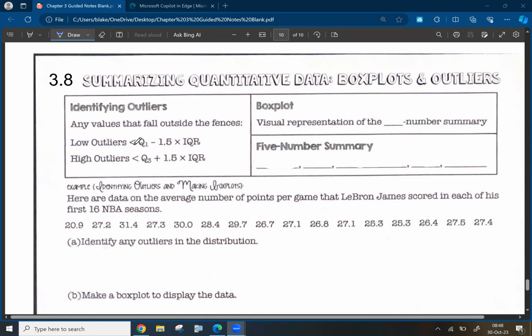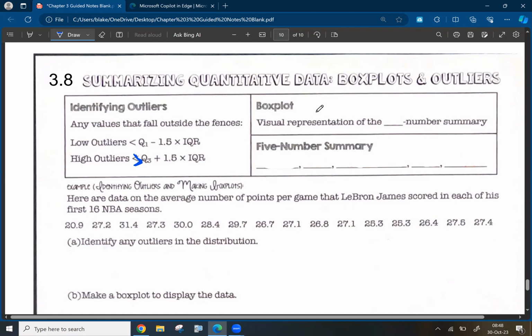Lower outliers are anything less than Q1 minus 1.5 times IQR. And higher outliers, there's a little typo here, is anything above Q3 plus 1.5 times IQR. So again, follow these rules and you'll find outliers. That's what we're going to do here in our example later on.